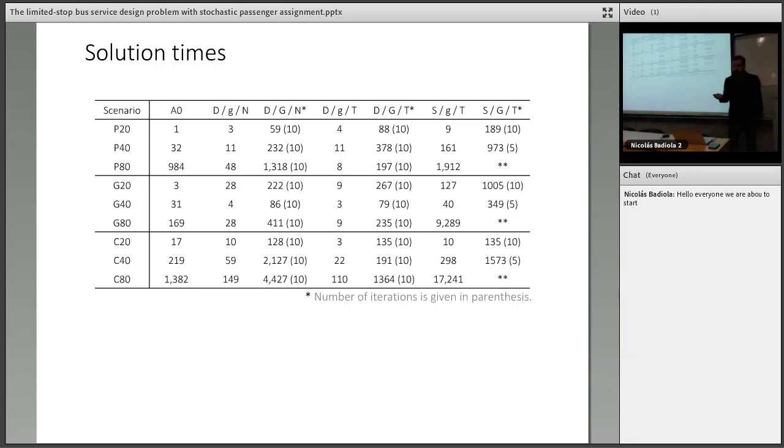When we take a look at solution times, we can see that first of all, the bi-level approach saves a lot of time compared to the simultaneous approach. And keep in mind that we were getting basically the same results. So we're saving a lot of time here. Then when working with greedy algorithms, with GRASP algorithms, of course the solution times will increase. This is the number of iterations we're performing.